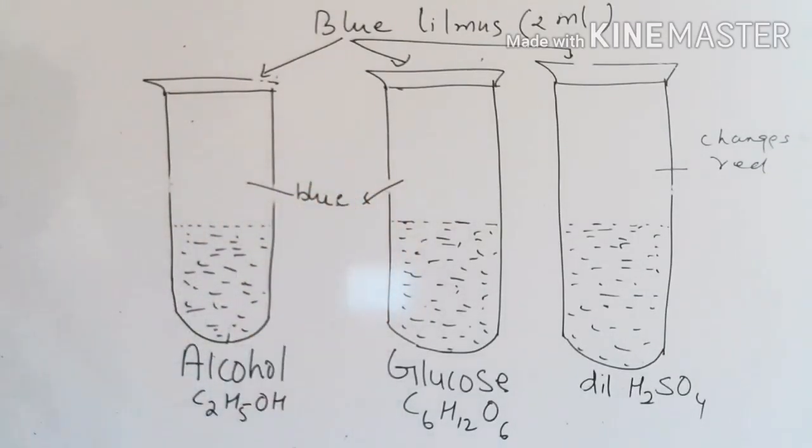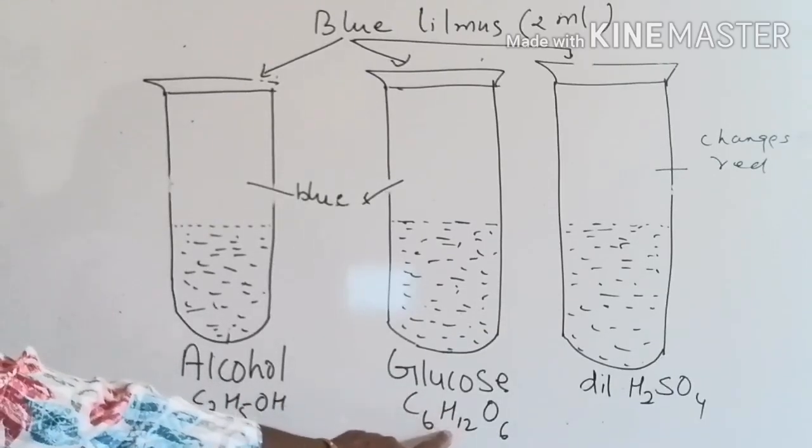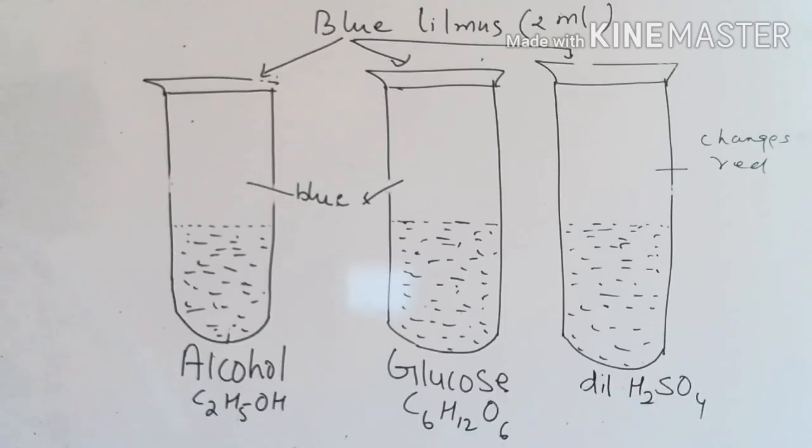As it remains blue in color, this shows even though they have hydrogen atoms, these hydrogen atoms are not responsible for the acidic character. The reason for this, the hydrogen atoms present in these molecules do not dissociate to produce H plus ions in the aqueous solution.